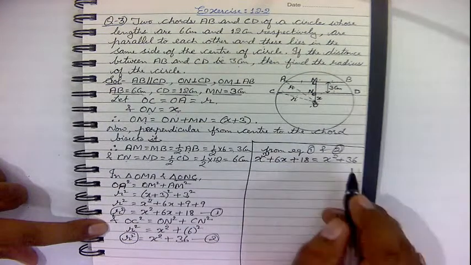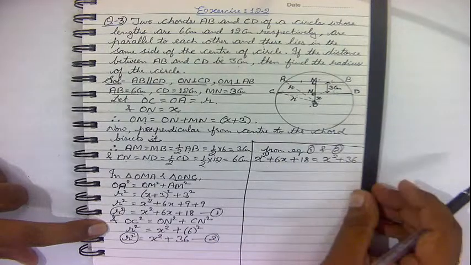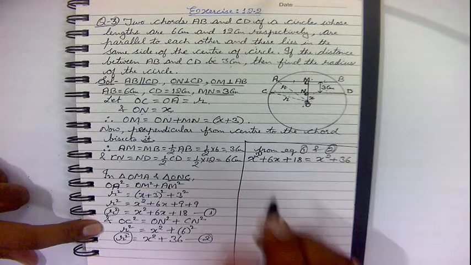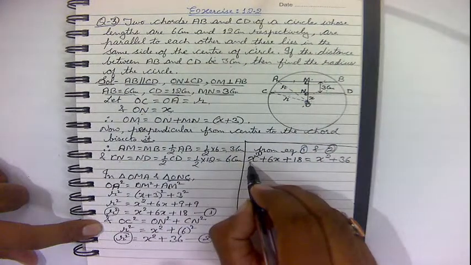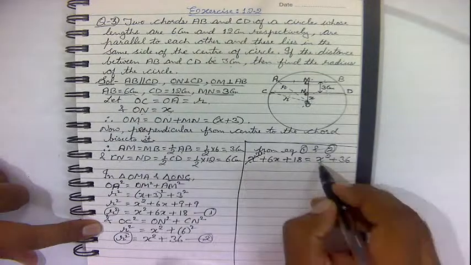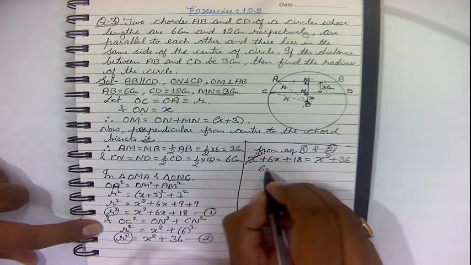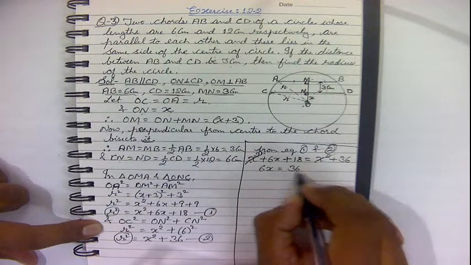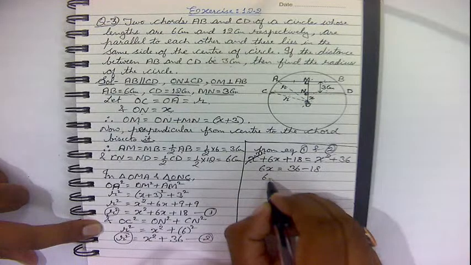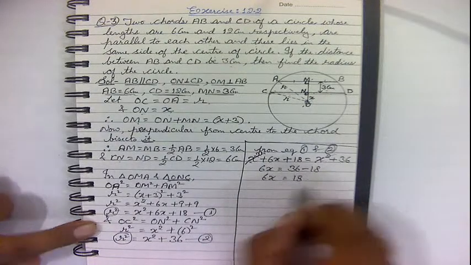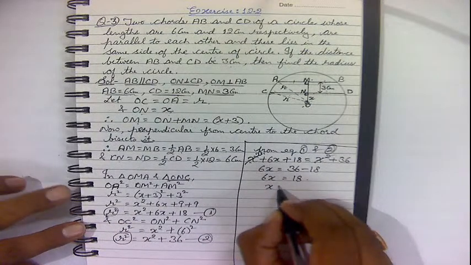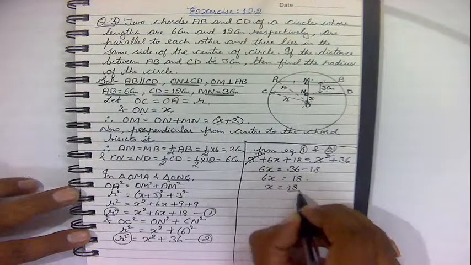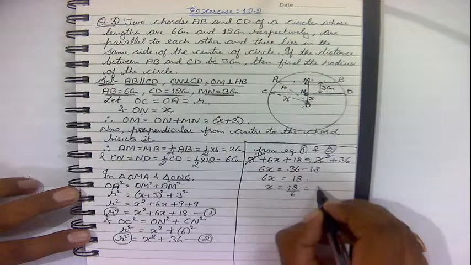Now simplify it, solve the thing. If you solve it now, what do you get? x squared is on both the sides, दोनों तरफ x squared है, cancel हो गया. 6x equals 36 minus 18. 6x equals 18. x equals 18 upon 6, that is 3.